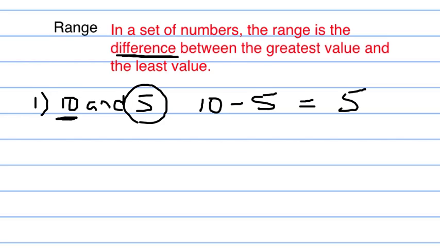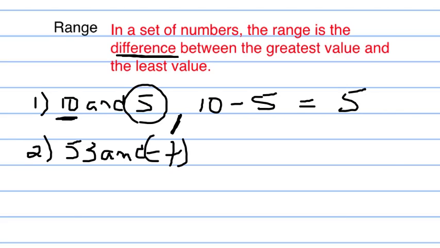Okay? Let's look at the second example, because now we're going to bring in negative numbers. The greater number is 53, and the least number is negative 7. Well, now I have to set this up as a subtraction problem, but remember, I have a negative number, okay? So I'm going to set it up as 53 minus my negative number, which is negative 7.